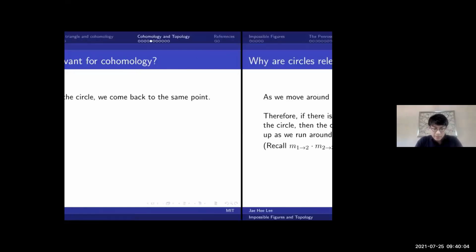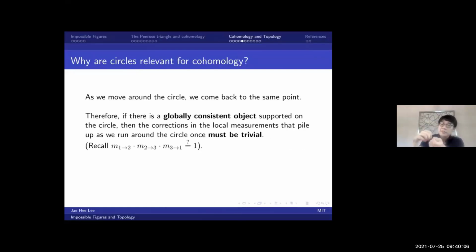So what does that mean? It means that if you have a globally consistent object on the circle, then these local corrections that you make, these scaling factors, as you move around the circle, the corrections have to pile up. But as soon as you come back to the place you began, the total contribution of those corrections has to be trivial. They have to be zero, or multiplicatively, the factors have to multiply back to one.